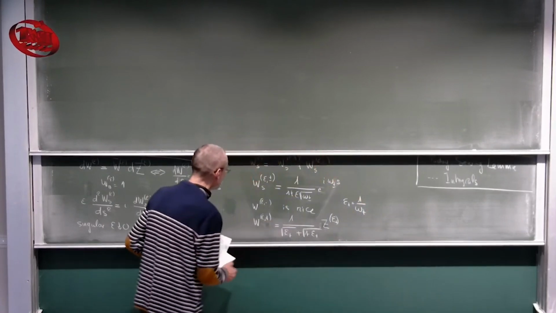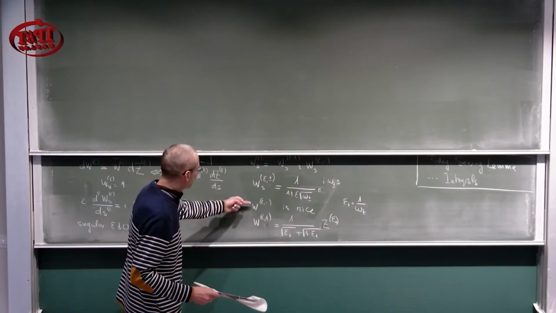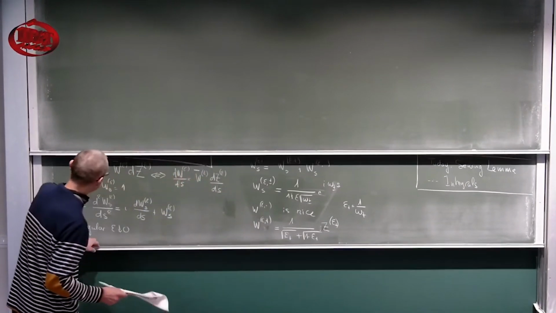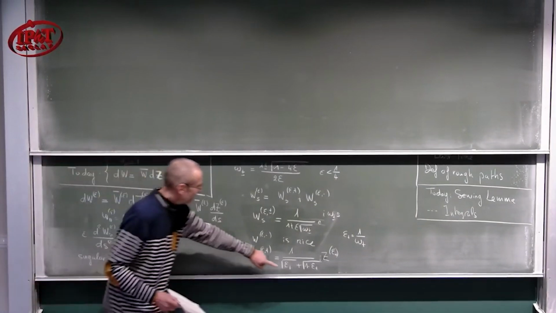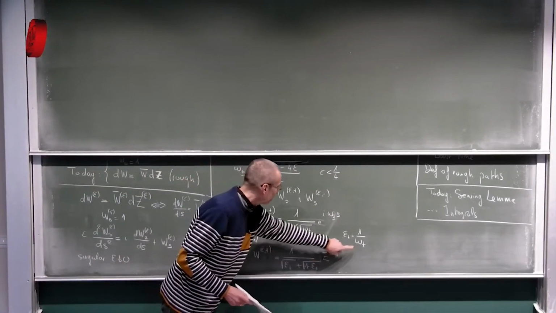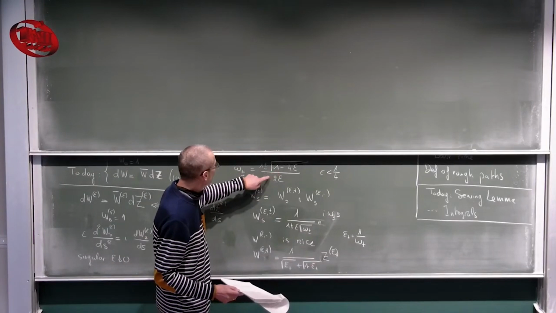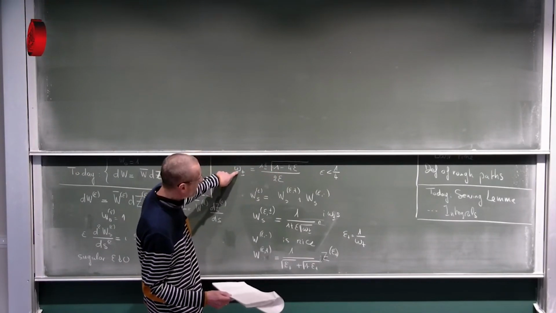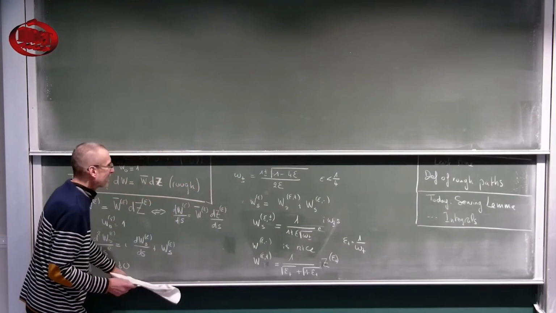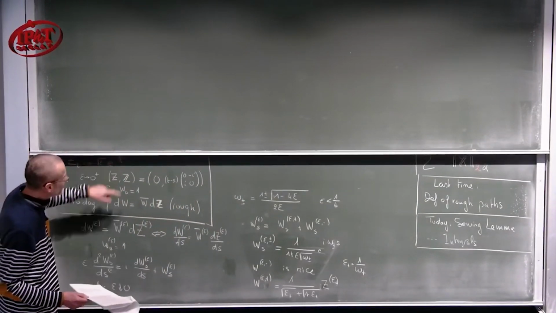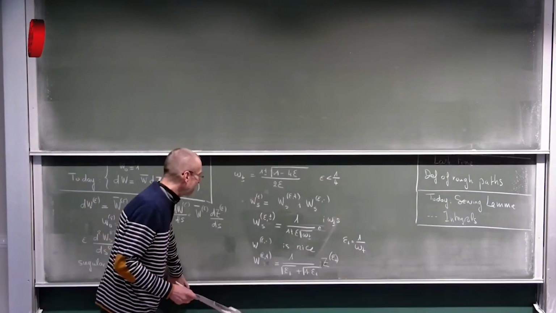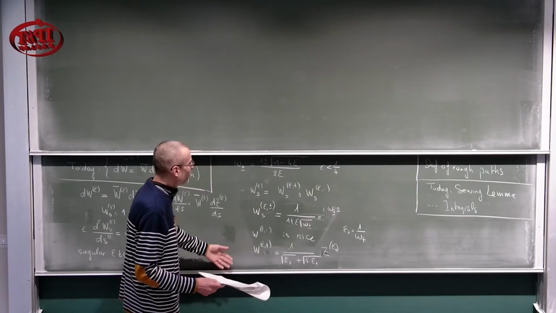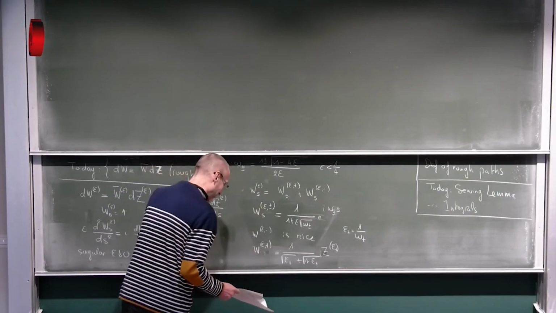So I'm just rewriting things. This one is nice, and this one is essentially the original path we started with. There is a small normalization change. When epsilon goes to 0, this behaves like 1 over epsilon. So everything we understood for the original path, we can reproduce very easily for the complete path.